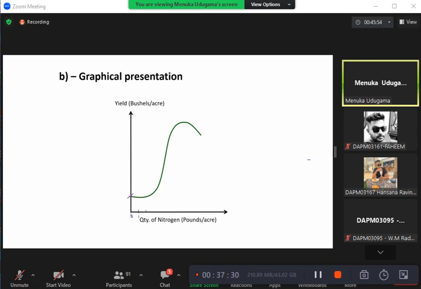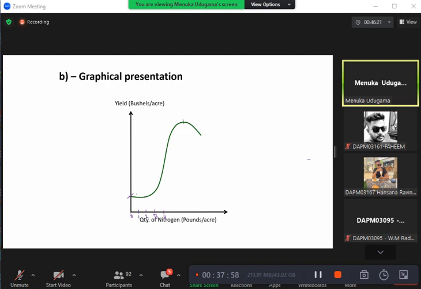and as you increase the amount of nitrogen fertilizer, let's say 1, you add another unit, and then you measure the output, and then you add another unit there, 3, 4, likewise, each time you increase an additional unit of fertilizer. And when you do that, you will find that you get this type of a curve.